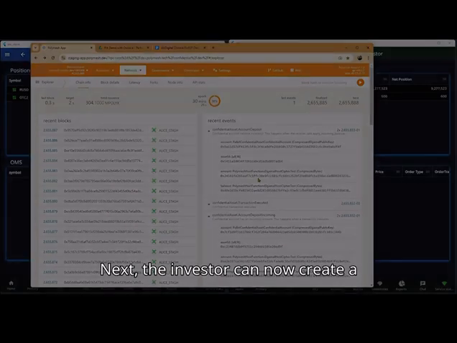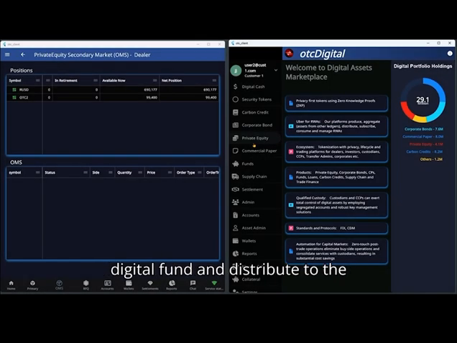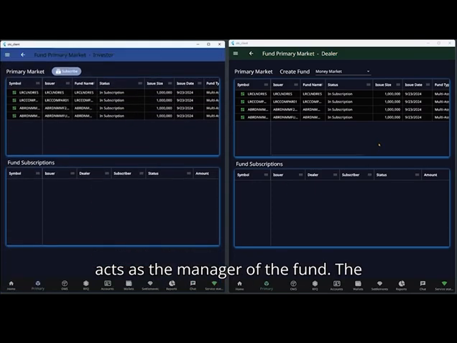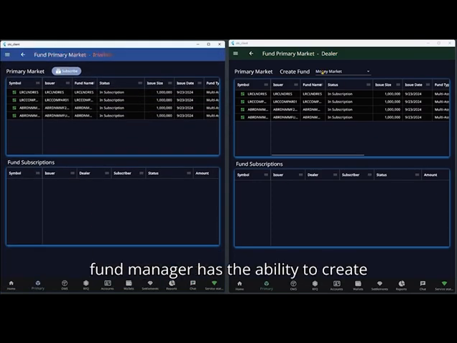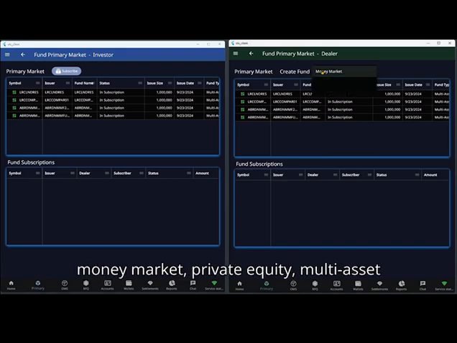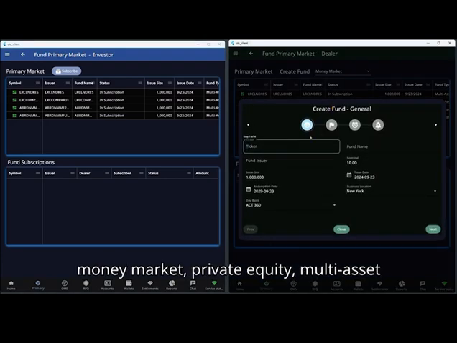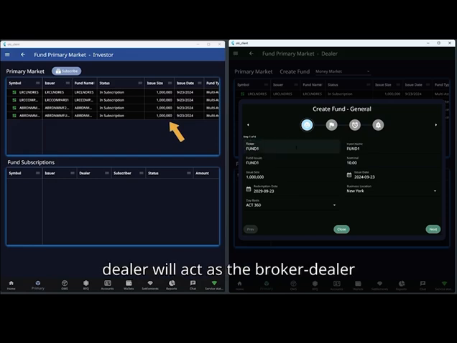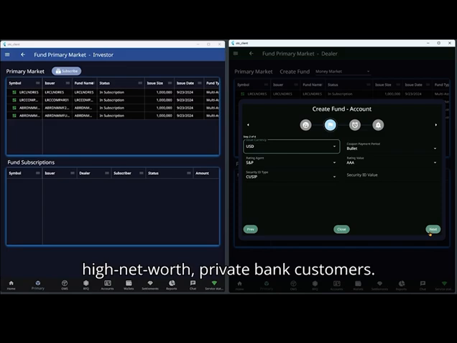Next, the investor can now create a digital fund and distribute it to the marketplace. Here the investor acts as the manager of the fund. The fund manager has the ability to create money market, private equity, multi-asset type of funds. The security dealer will act as the broker-dealer trading funds on behalf of its retail, high net worth, private bank customers.